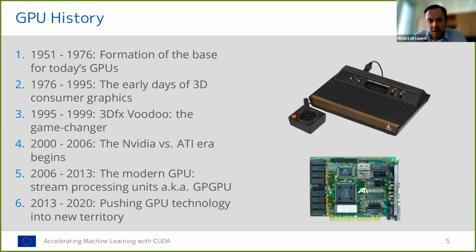But that was a time when the technological ground was formed for the next period, which started at 2000. And the middle of the 2000s is the time when the first GPUs, in the sense of what we understand by GPUs today, appeared, together with the GPU term and GPU technology in the market.